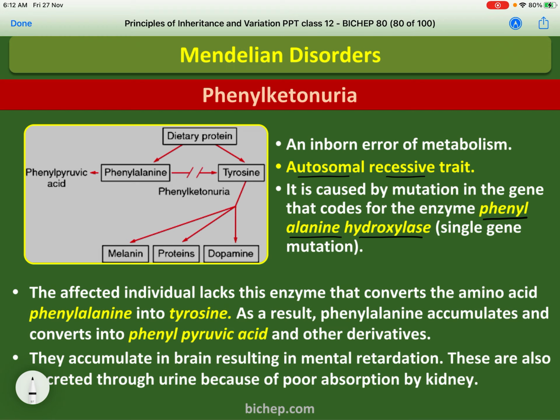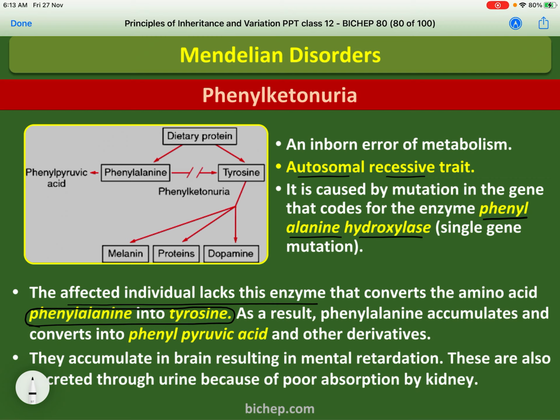So, what happens here is that the enzyme phenylalanine hydroxylase is not getting produced, or it is ruptured. So, the affected individual lacks the enzyme. So, they are not converting phenylalanine into tyrosine, because this enzyme is responsible for this reaction, which is not going to happen. Ready?